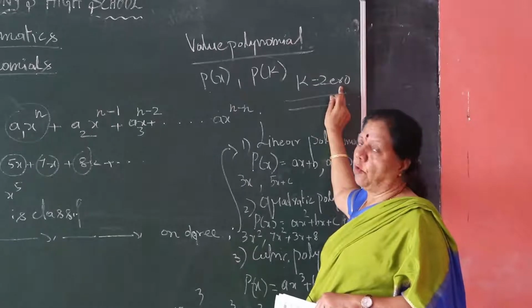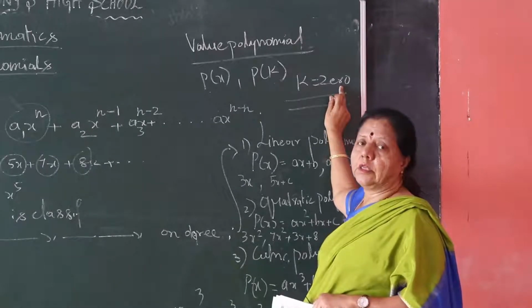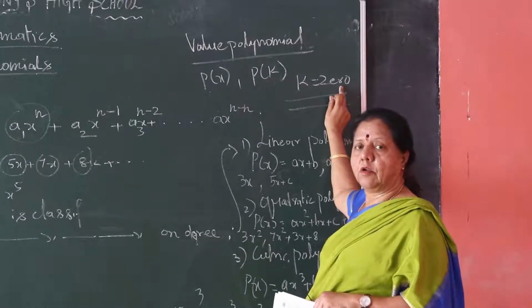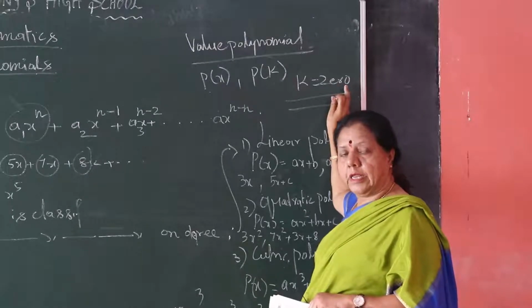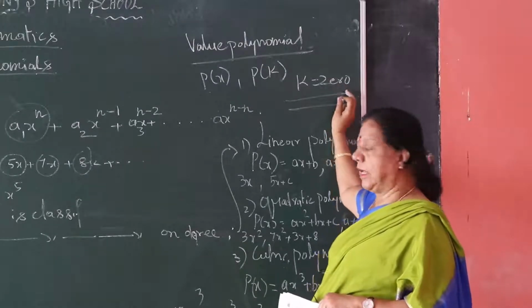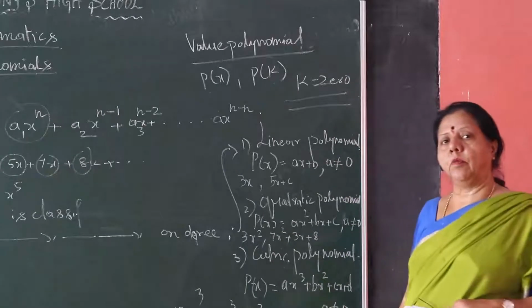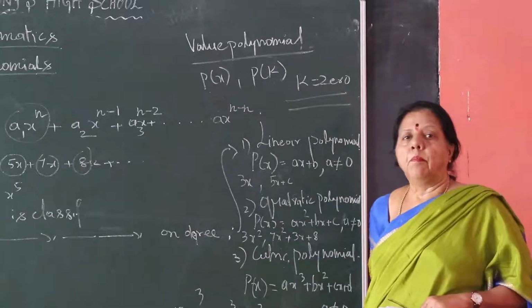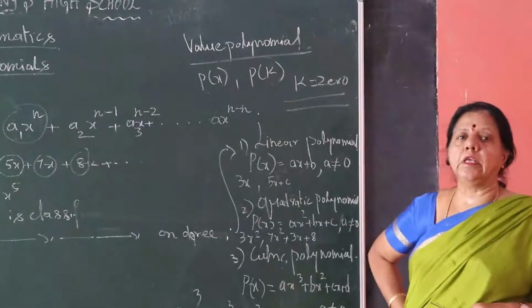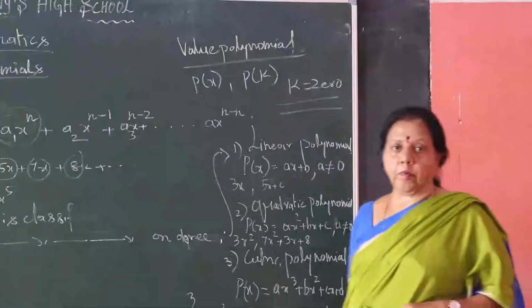Understand, children? Once again repeat: the classification based on degree is linear polynomial, quadratic polynomial, cubic polynomial, and the last one is the value polynomial.